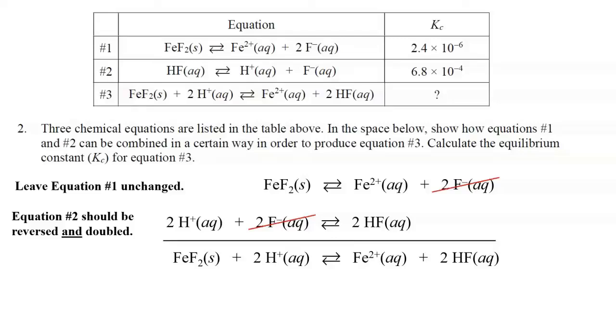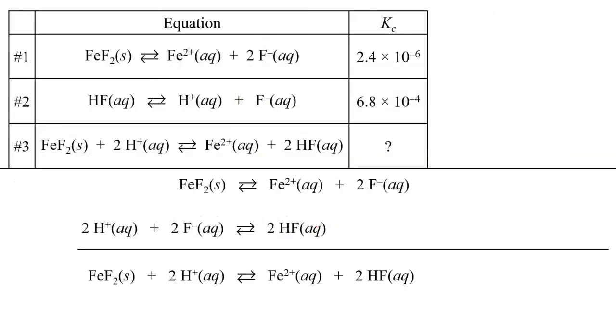So now all I have left to do is determine what mathematical manipulations need to be made to the equilibrium constants for equations 1 and 2 so they can be combined together correctly to produce the value of Kc for equation 3. So equation number 1 was not changed at all. So therefore it has the same value for the equilibrium constant of 2.4 times 10 to the negative 6.